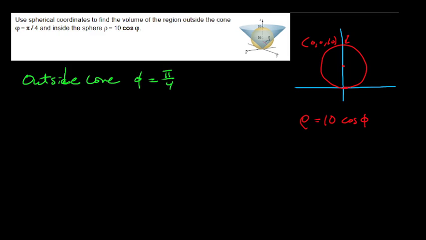The cone then is pi over 4, so that's your 45 degrees. I think what they mean by outside the cone is this region in here, right? In other words, underneath the cone is outside the cone. So this is inside, this is outside.